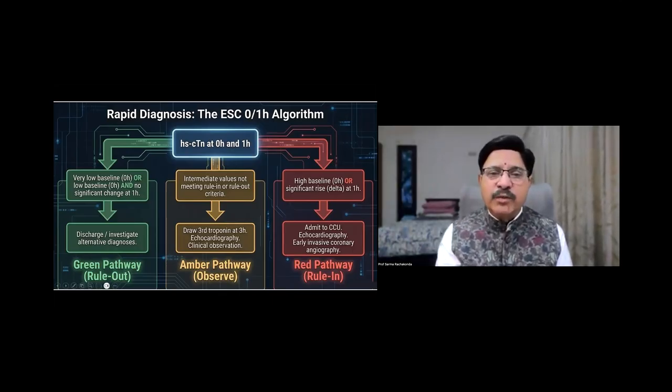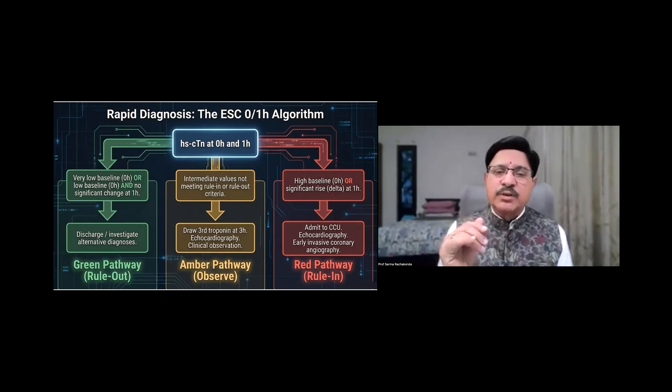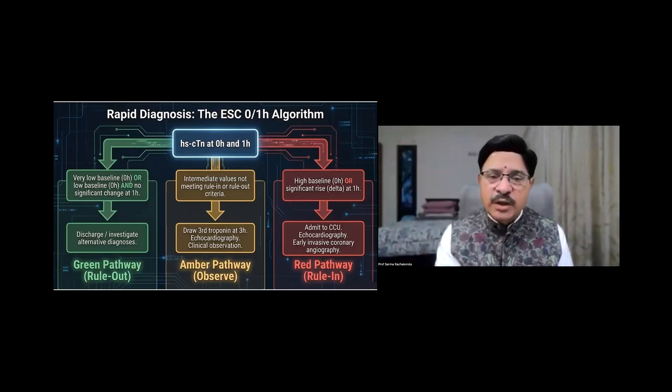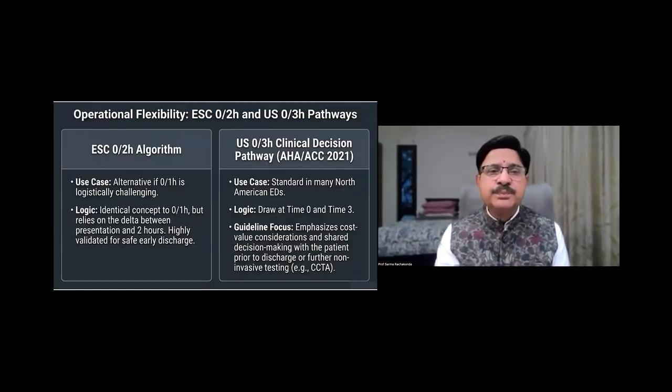Now, intermediate values not meeting the rule out criteria, there is not much of an increase in the first hour, second hour, then wait for 3 hours, draw the third sample, and in the meantime do the echocardiography, clinically observe, serial ECGs and monitoring you see, the amber pathway, observe and decide. Okay.